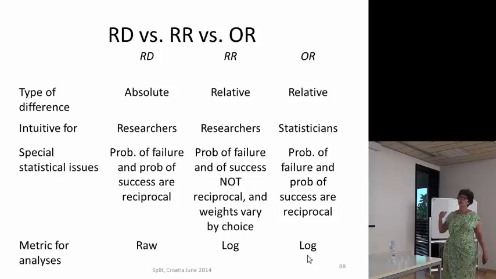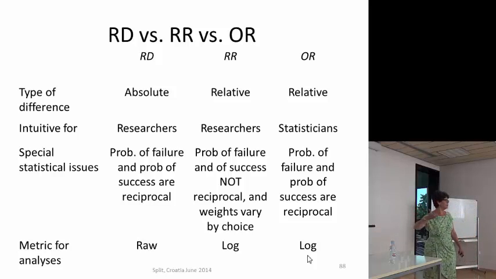Furthermore, the weights that each study will get will vary depending on whether you're looking at positive versus negative phrasing. So a lot of people feel that that makes it a very undesirable index to use.